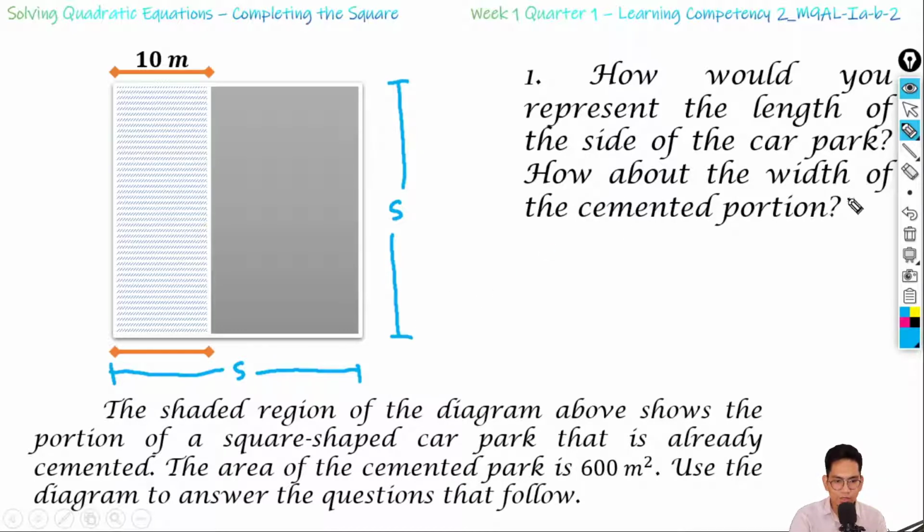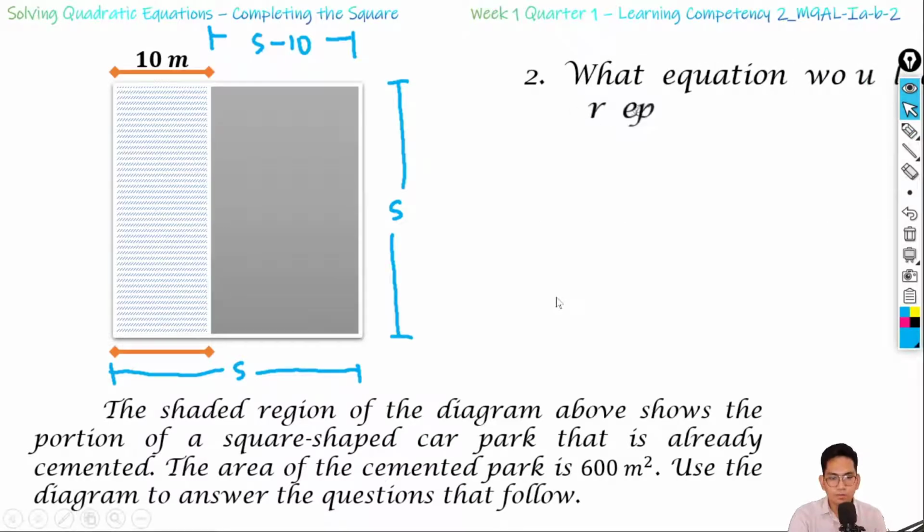How about the width of the cemented portion? How are we going to represent that one? If the whole side is equal to S and this one is 10 meters, we can have S minus 10 as the width of the cemented portion.